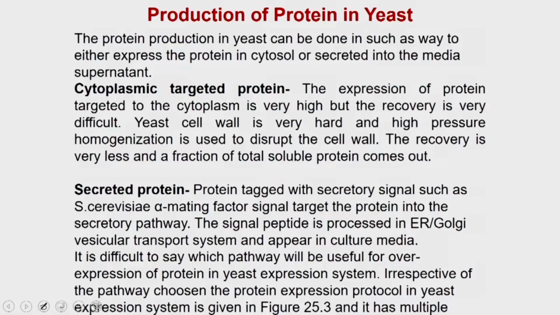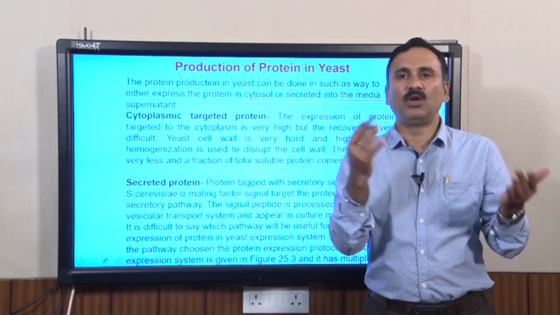You have the choice to produce the protein either in the cytosol, or to secrete the protein into the external supernatant, and that depends on whether you have any kind of tag present on the protein.